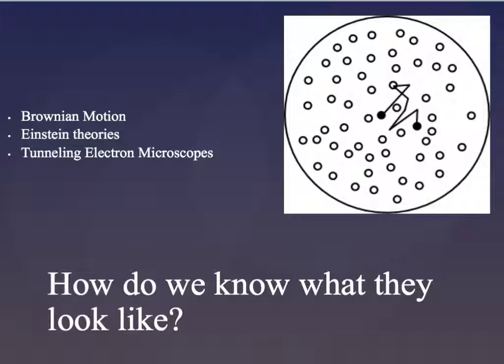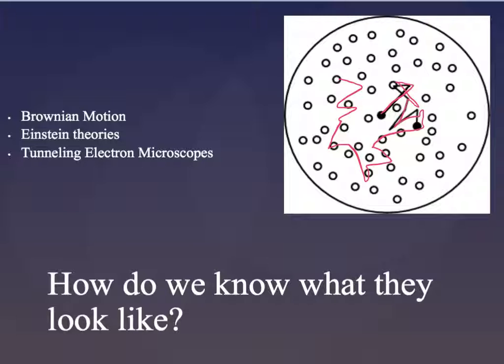How do we know what they look like? Well, to start off with, we first observed their behavior. If you were to take a drop of food coloring and drop it into a glass of water, you would notice very quickly that instead of dropping straight down to the bottom or floating at the top, the dye would actually start moving in an interesting, very random pattern through the liquid.